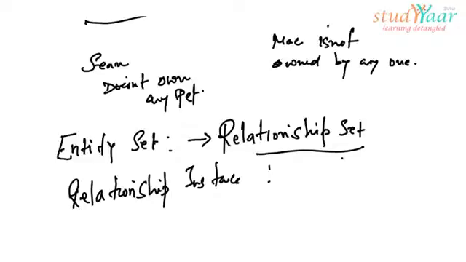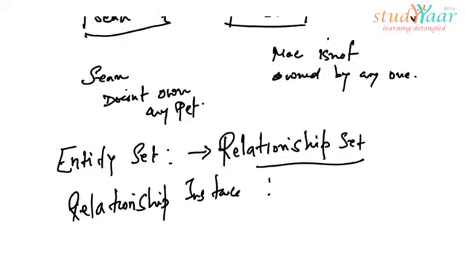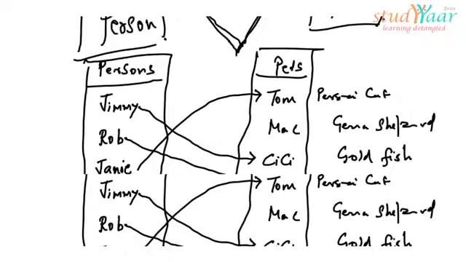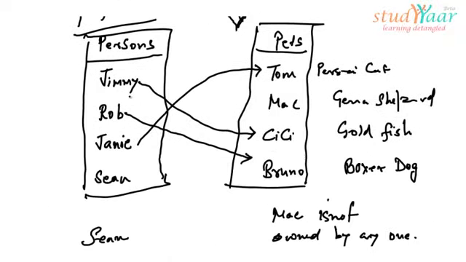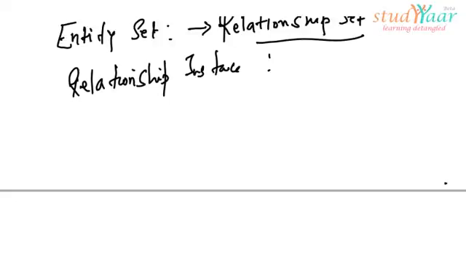Let's look here. Jimmy owning Cece is a relationship instance. Okay, I'll write it down. Jimmy owning Cece.